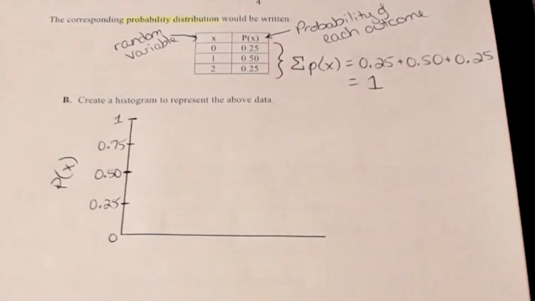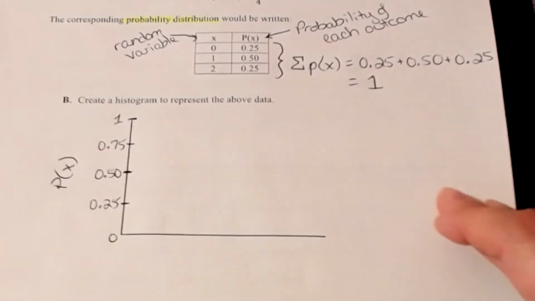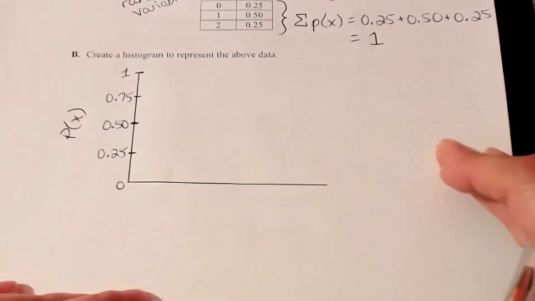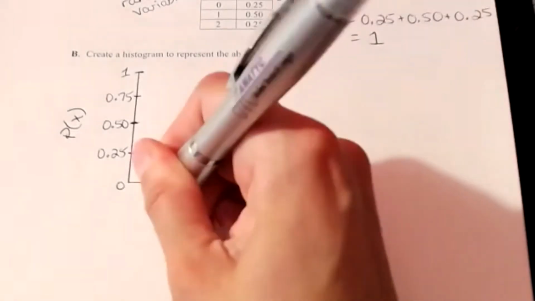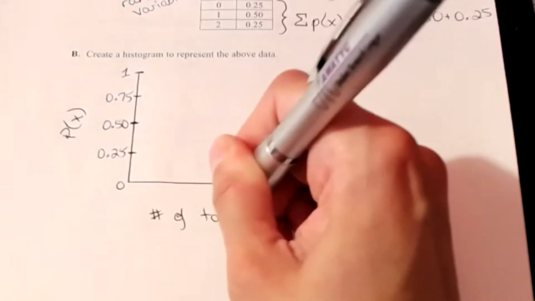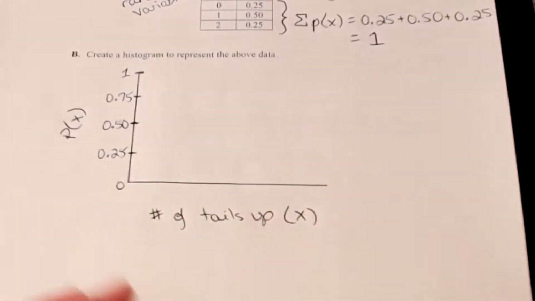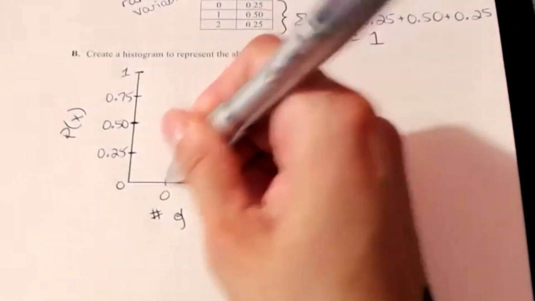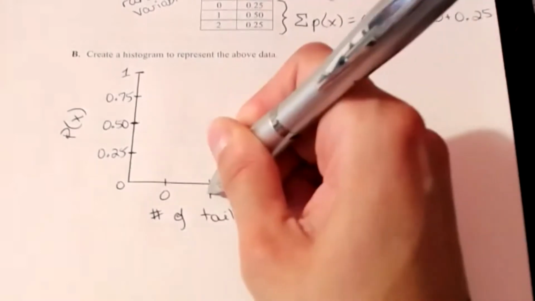Good. On our horizontal axis, our x-axis, we're going to call this the number of tails up, our random variable x, right? So I'm just going to label it as number of tails up. That's our x. And there were only 3 outcomes. It was either no tails, 1 tail, or 2 tails.